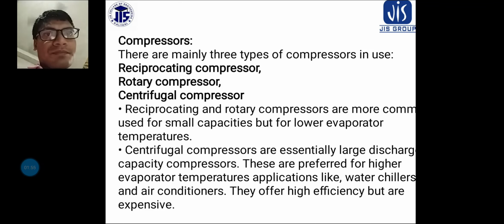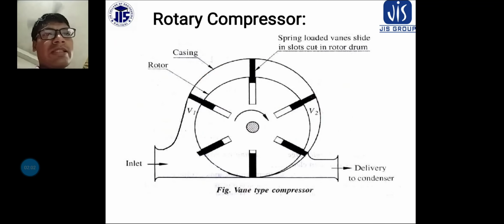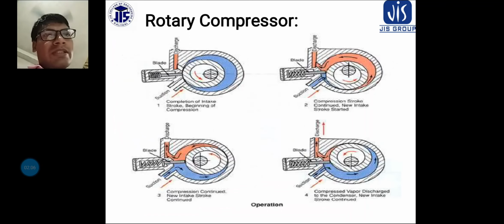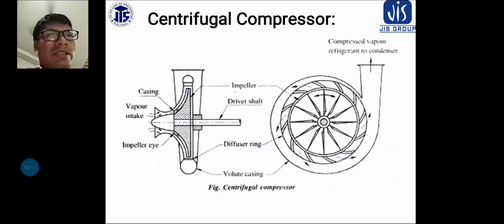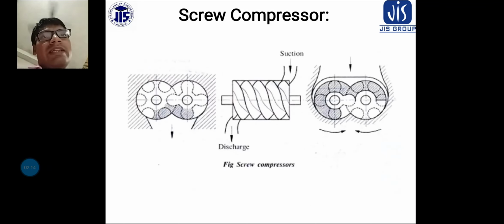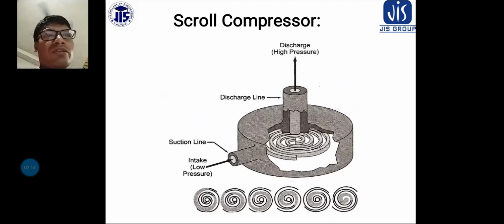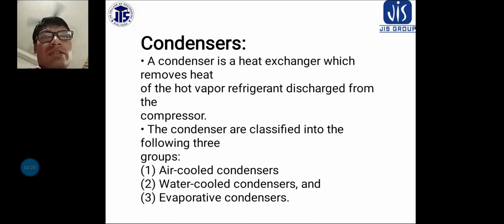Now, the reciprocating compressor was discussed, then the rotary compressor, the vane type and roller type rotary compressors. After that the centrifugal compressor, the screw compressor, and the scroll compressor were discussed. The hermetically sealed compressor was also discussed.